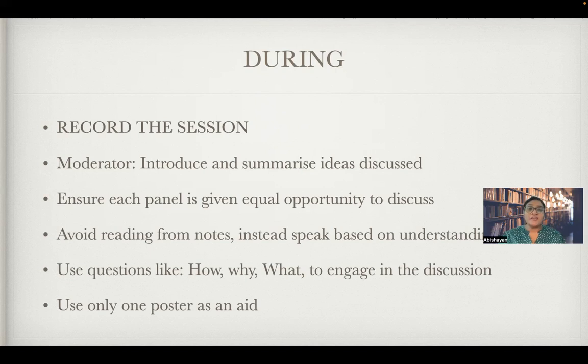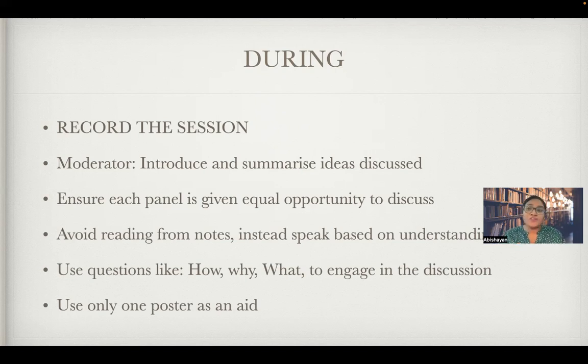Because it's going to be online, to aid your presentation, let's say you're doing a topic about online learning and you want to show a poster about a survey you did among university students, finding out how many prefer online learning and how many prefer traditional learning. You can only use one visual aid.